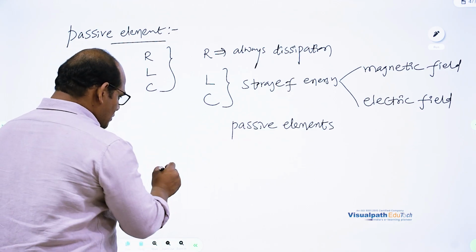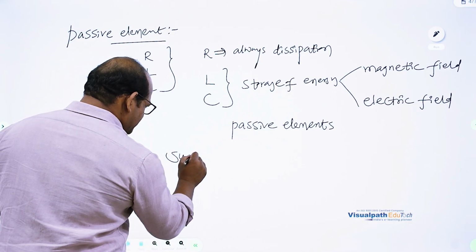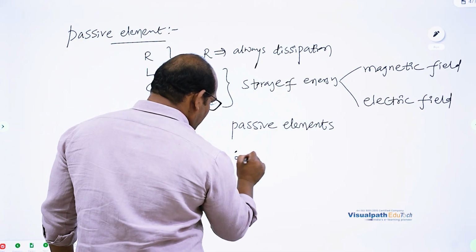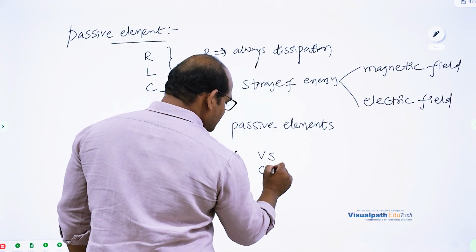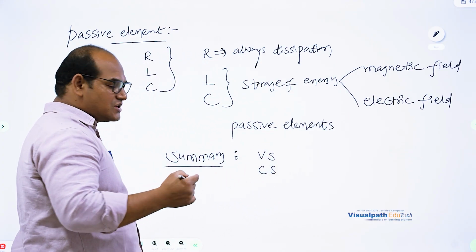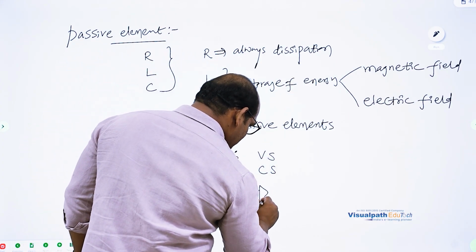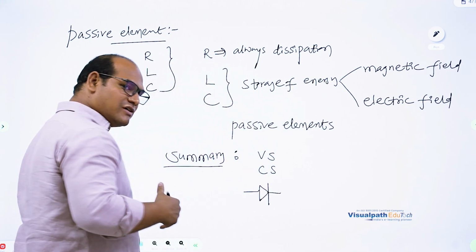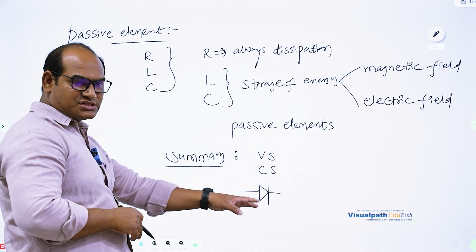Okay, so summary I'm giving here: voltage source, current source, these are the active elements because these are for energizing the circuit. And diode, this is the diode symbol again I'm taking. The PN junction diode is also an active element only because it can be used as a switch.